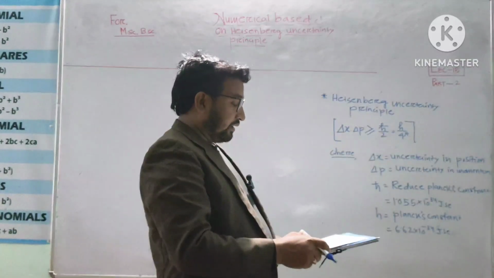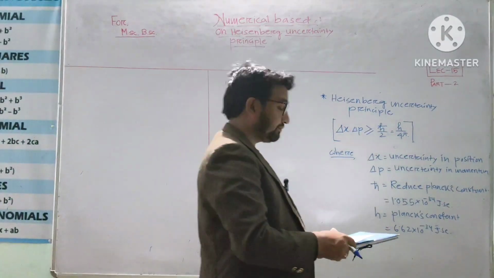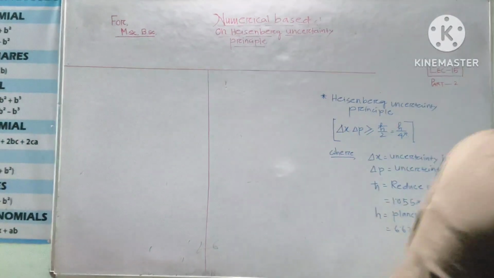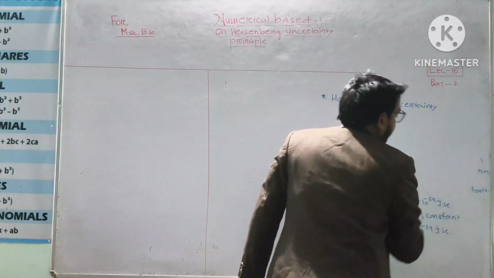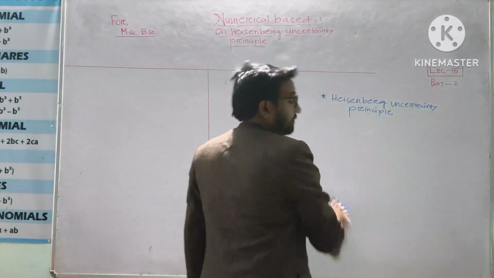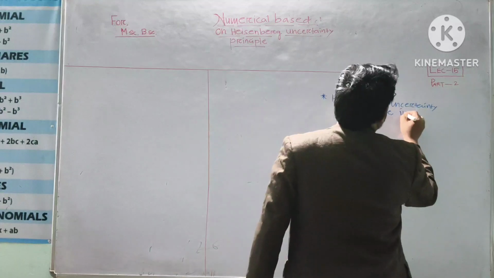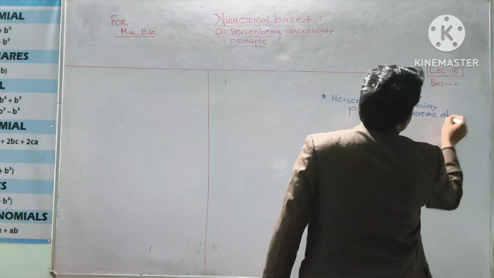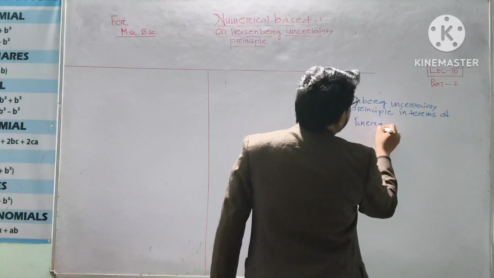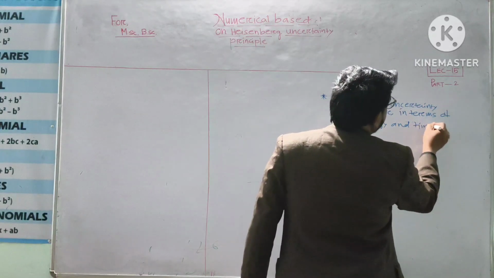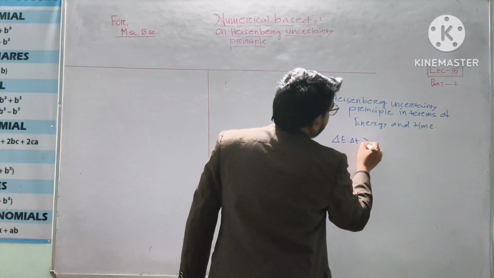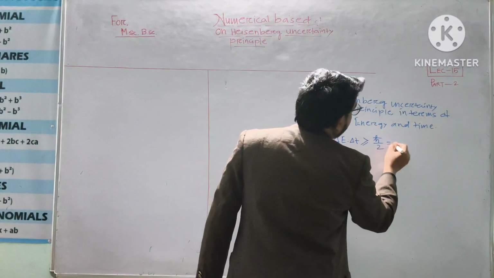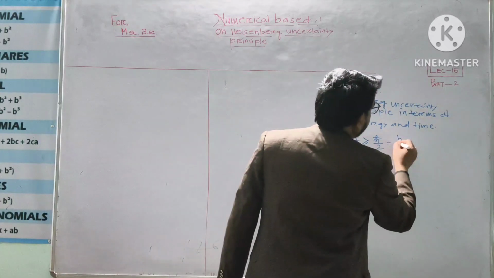And another two formulas. The Heisenberg uncertainty principle in terms of energy and time: delta E into delta t greater than or equal to h cross by 2, or h cross by 2 equal to h by 4 pi.